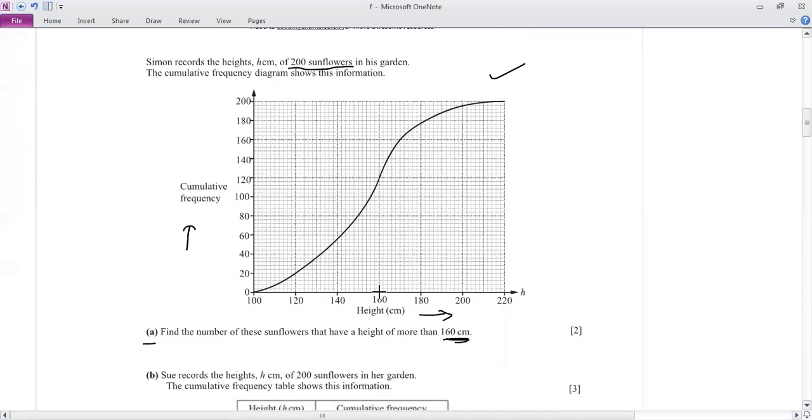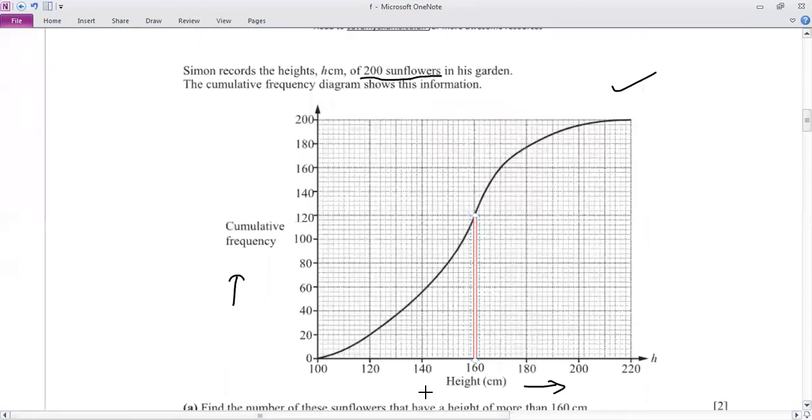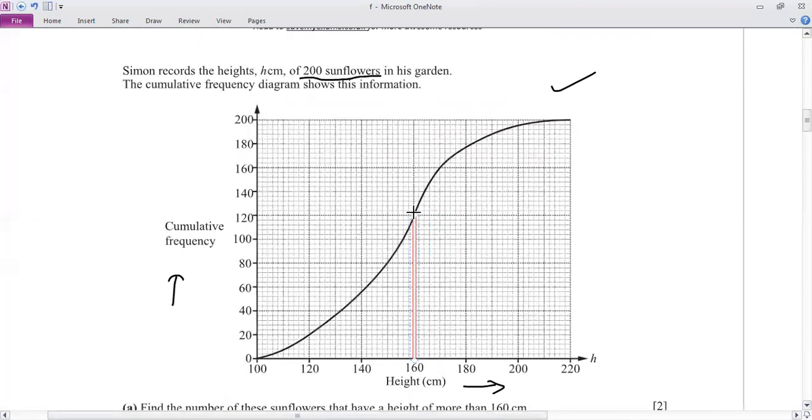Here is 160. From 160 you will draw a line up to where it touches the curve. It touches the curve here. I will zoom in a little bit more so you can see more clearly. And then from here, go to the cumulative frequency side. Where is it going? To 120, yes?